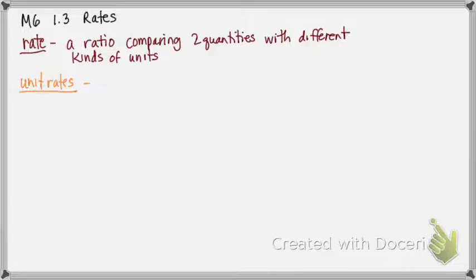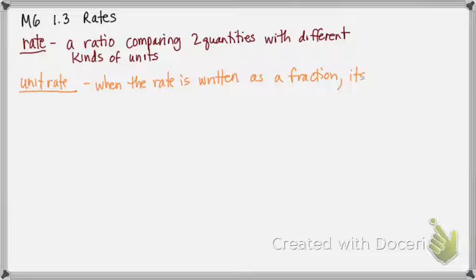So the definition of, I don't know why I wrote a plural on that one. Let's just make it unit rate. So a unit rate is when the rate is written as a fraction. So we have no choice on this one. And most of the time I say rates are usually written as fractions.